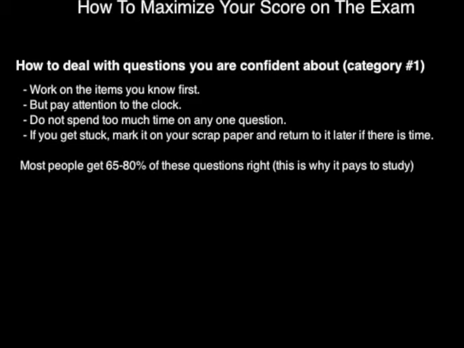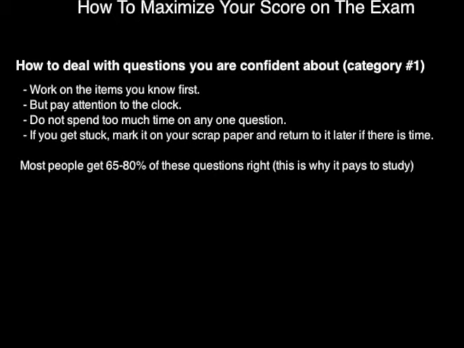Of course, you have to pay attention to the clock, make sure that you're not running out of time and so on. And you take advantage of your scrap paper, right? Your scrap paper is there so you can track questions that you ran into that maybe were not clear, and then towards the end of the exam you might be able to come back to them.